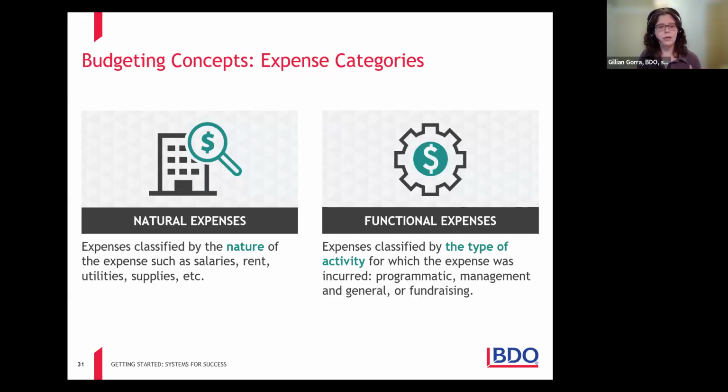So if you see the letters M and G, that's what that stands for, management and general. It's our administrative function. And fundraising. Those are the three main buckets of functionality in a nonprofit organization. You see these on the 990, and we'll see these in an audit as well. Program, admin, fundraising. I'm going to show you what this looks like.